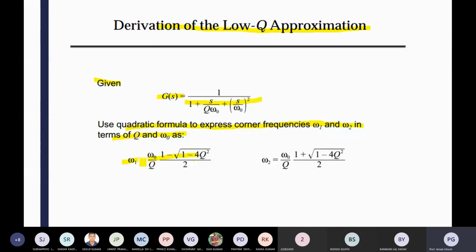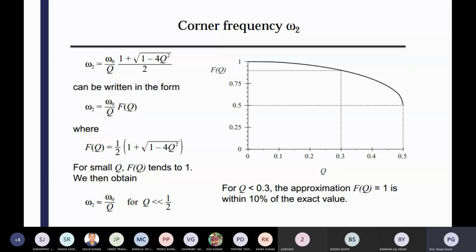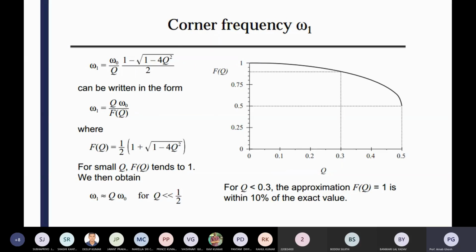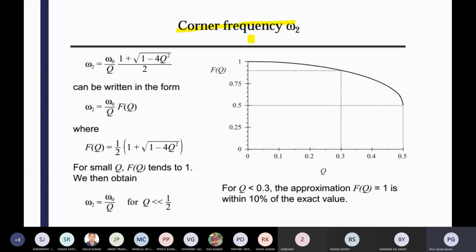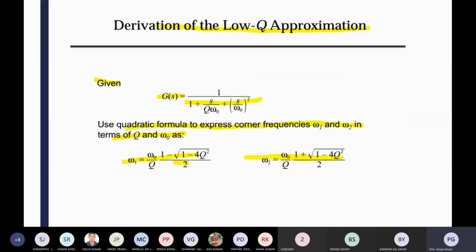Omega 1 equals omega 0 by Q times (1 minus root under 1 minus 4Q square) by 2. So two roots are there from the quadratic formula. Now we can calculate the corner frequency omega 2 and the corner frequency omega 1. First, the corner frequency omega 2, from the previous expressions, the second expression.